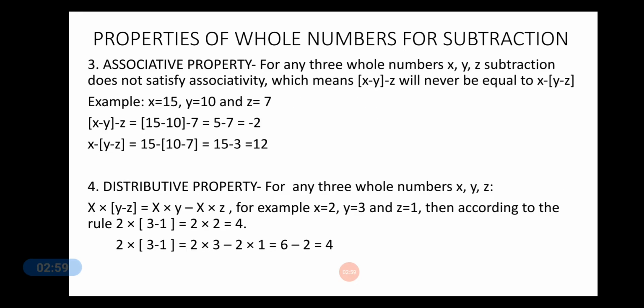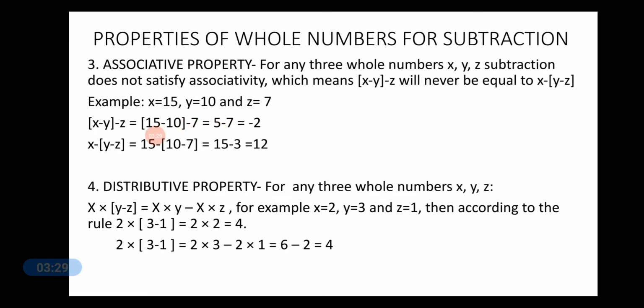The third property, associative property. For any three whole numbers x, y and z, subtraction does not satisfy associativity. Which means x minus y, written within the bracket, minus z will never be equal to x minus, y minus z written within the bracket.